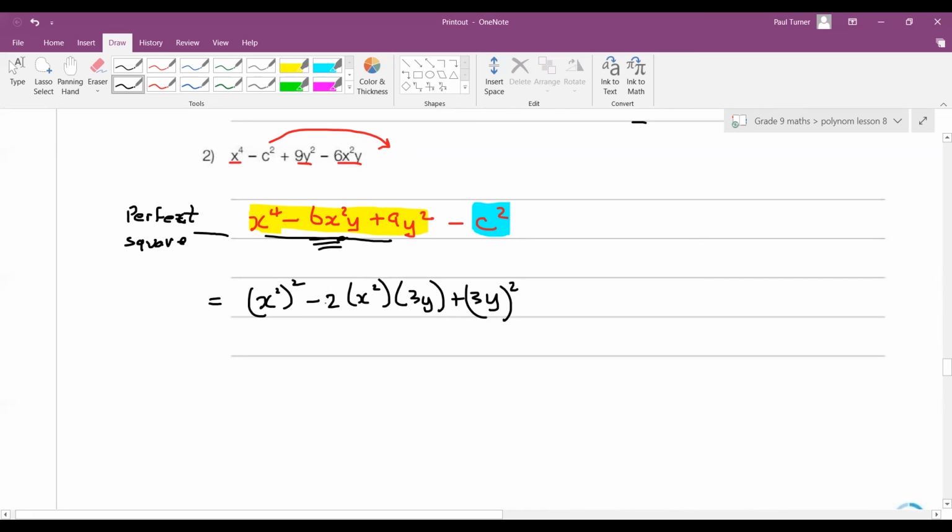Check it, a squared minus 2ab plus b squared. And you can write that as x squared minus 3y all squared. That's a perfect square there. So that yellow part can be written like this. And then the simple bit is the c squared on the end. So you'll have x squared minus 3y all squared minus c squared. So now you have your difference of squares.